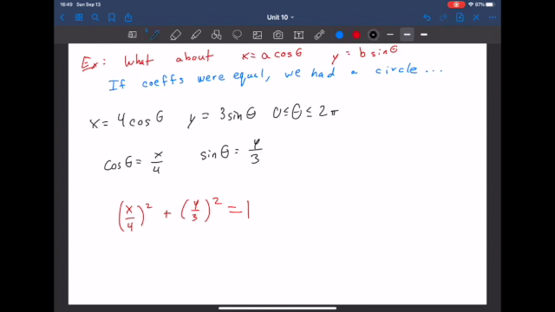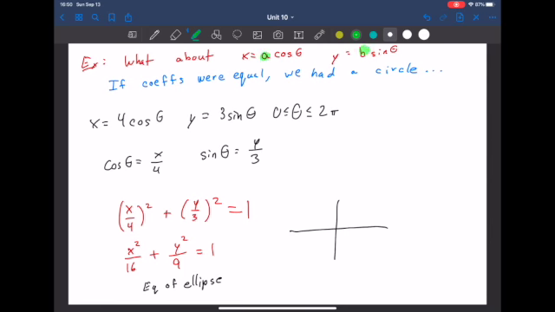Now, before I even start simplifying this, some of you should be able to tell me what a graph of this would look like. Some of you might not remember everything from your honors pre-calculus class or your pre-calculus class or Math 3. This is the equation of an ellipse. And in case you're having trouble remembering, the a and the b here, looking back at the top, represent the intercepts.